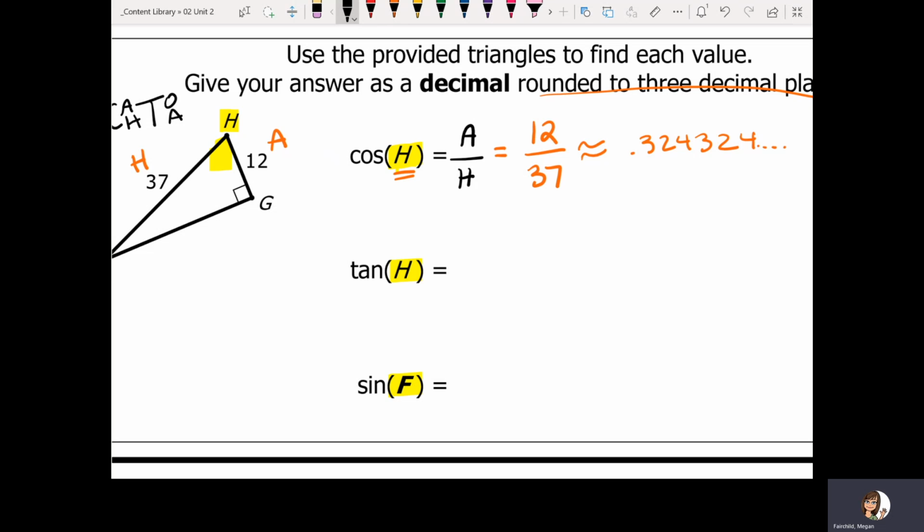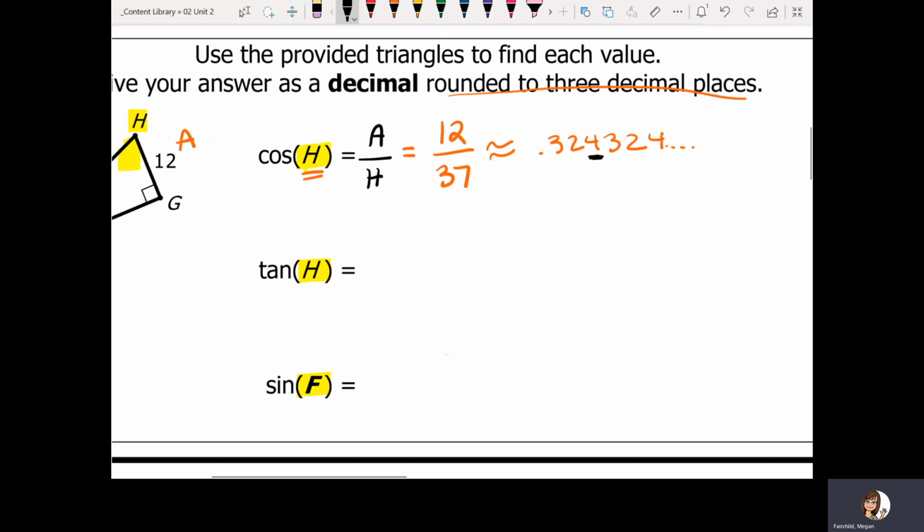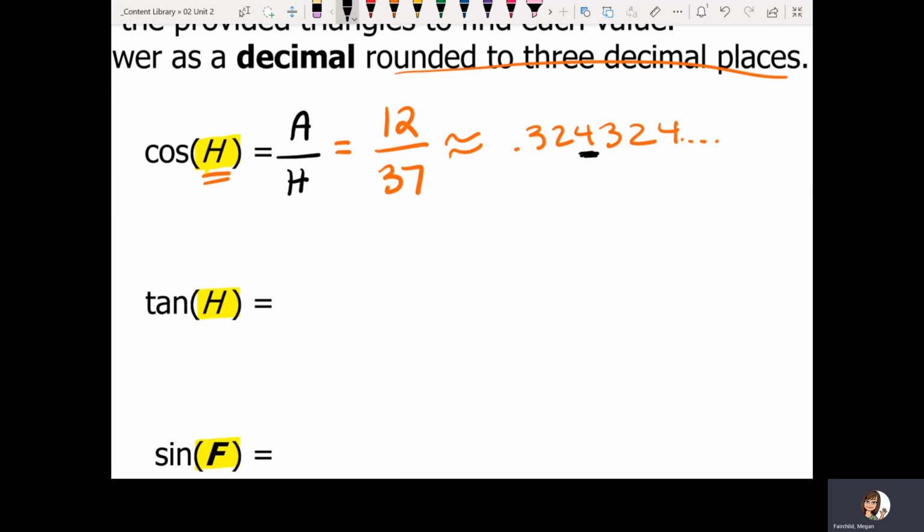So, very quickly, to round to the 3 decimal places, what place is this called? Thousands, good. You look to the number to the right of the place you're rounding to. 5 or more, raise the score. Remember that dumb rhyme?